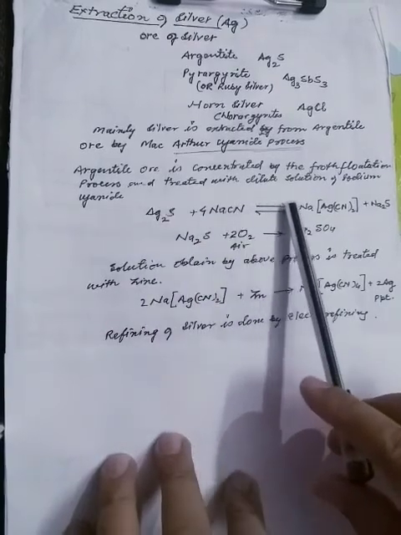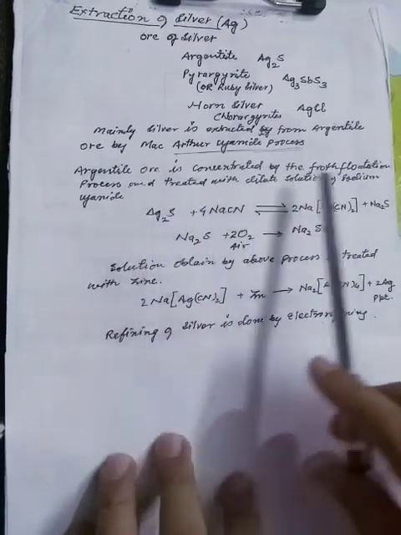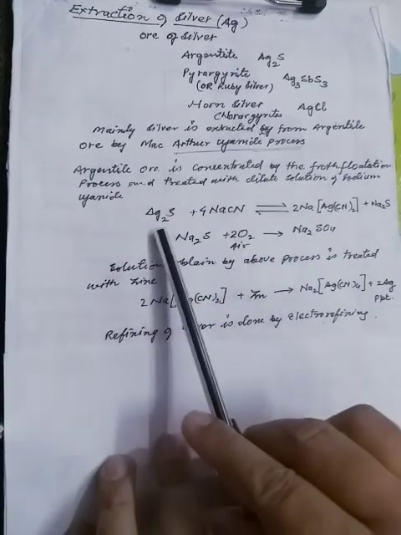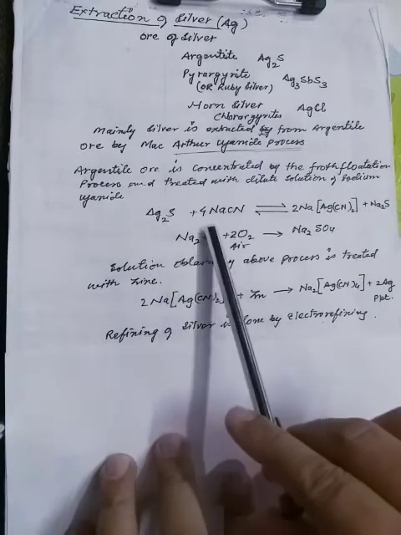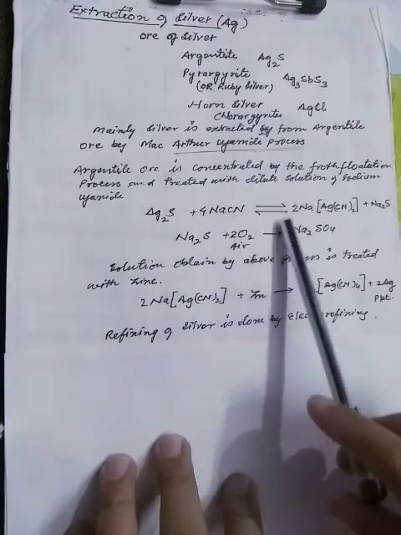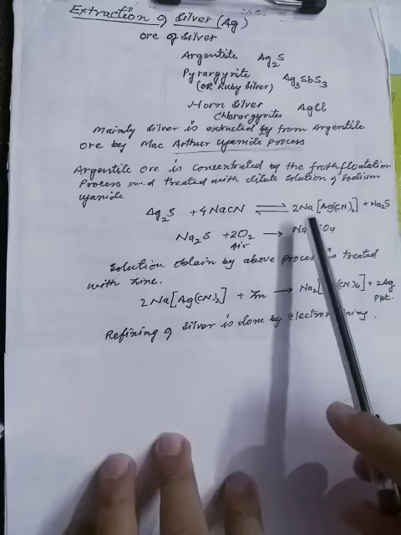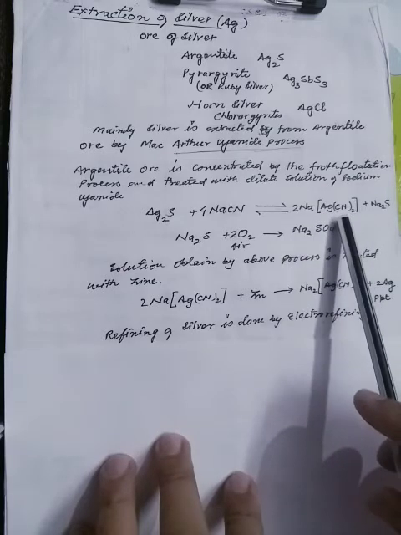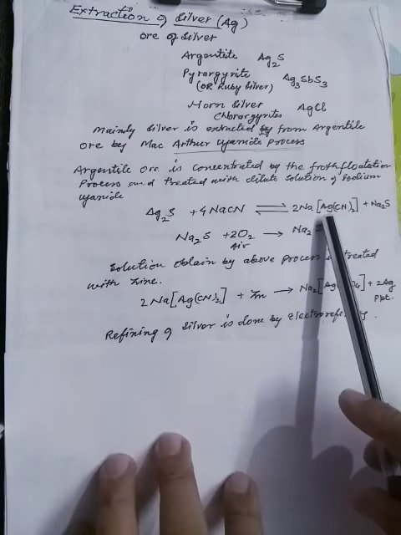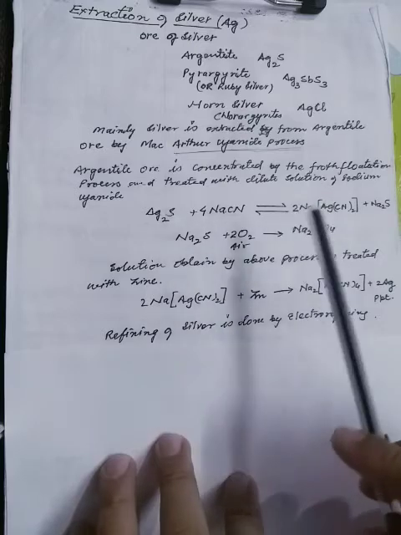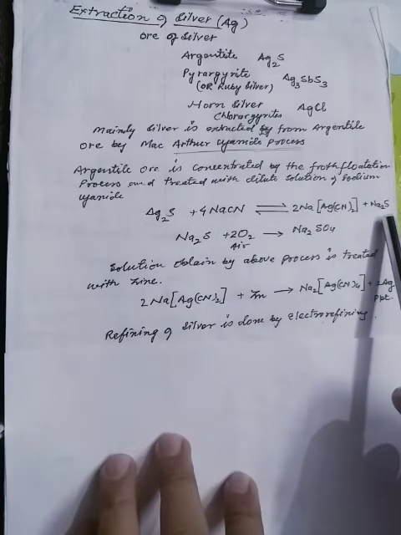It is then treated with a dilute solution of sodium cyanide. See here, argentite and sodium cyanide, a reversible reaction. A complex will form: sodium dicyanoargentate, plus Na2S.